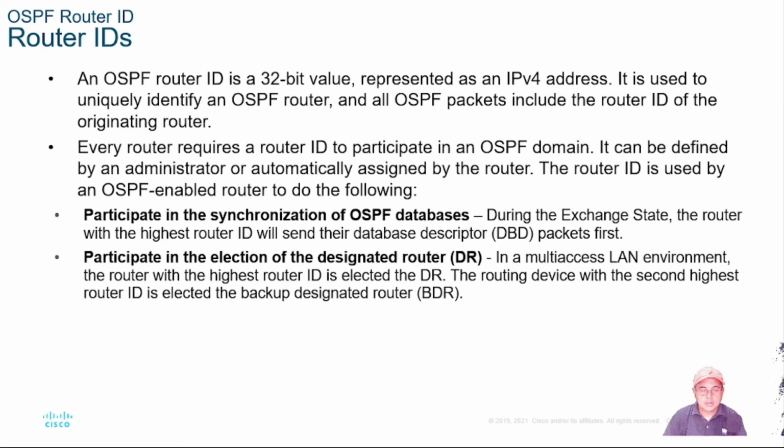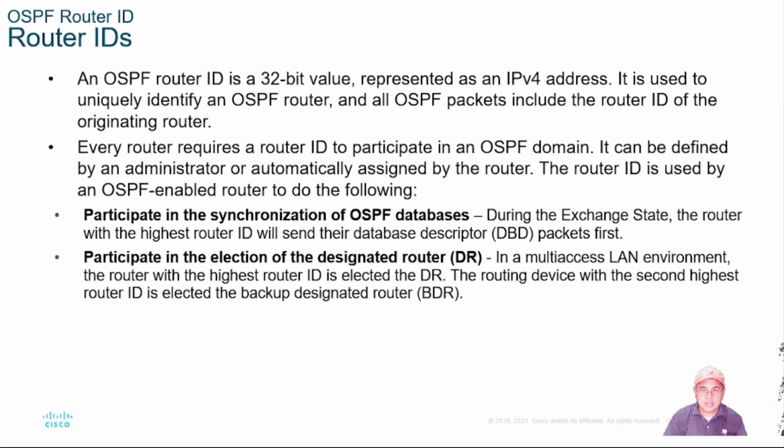So the router ID is very important. Number two, if you have a router ID, it will participate in the election of the designated router. In a multi-access LAN environment, the router with the highest router ID will be selected as the DR. So the router ID is very important in the election of the designated router, because the router will pick the highest router ID as the DR in a multi-access LAN environment.